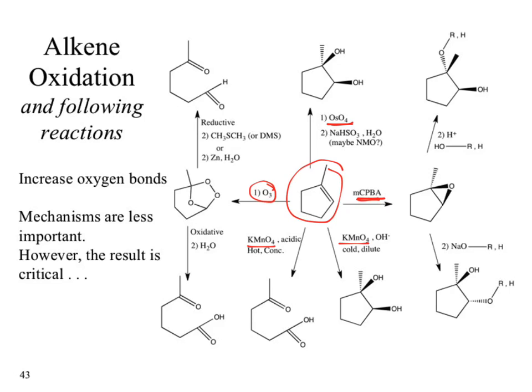Why is the ozone a tricky one? Well, what happens when we react with ozone, O3? Number one, we form a crazy weird looking structure with lots of oxygen in it. That structure is insanely unstable. And if we leave it to its own devices, we would run an oxidative pathway, meaning we fully oxidize.